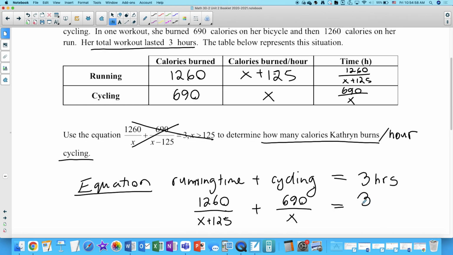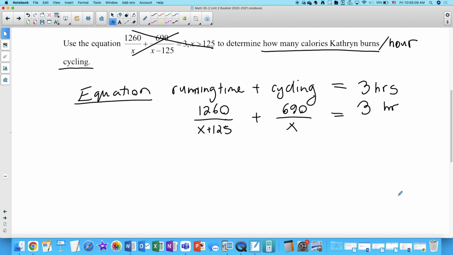Okay? Now, let's think about our non-permissibles. So if you're just thinking about this as a normal equation, right, without a context attached to it, one non-permissible would be 0, and the other non-permissible would be negative 125. So those are our 2 non-permissibles.